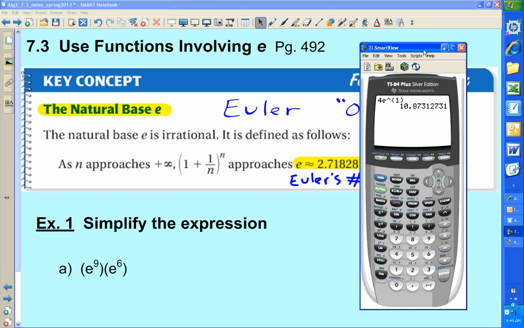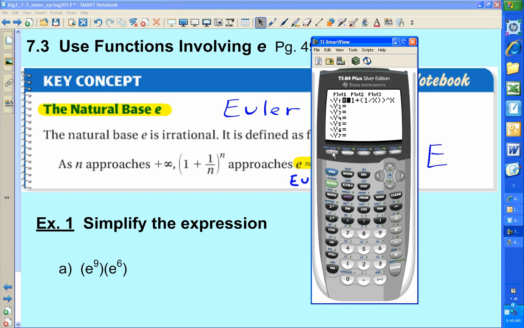If you look at the graphing calculator here, I entered 1 plus 1 over x to the power of x. And what I want to show you is what happens when we look at the graph.